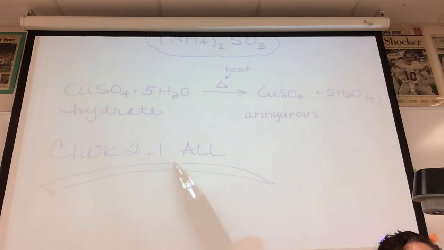All of that should be done for Tuesday, so that when we do oxidation numbers, which the kids do find challenging, you will have a solid understanding of how to write chemical formulas and how to name ionic compounds. You need mastery of this concept by Tuesday.